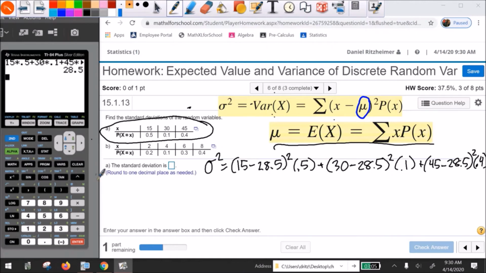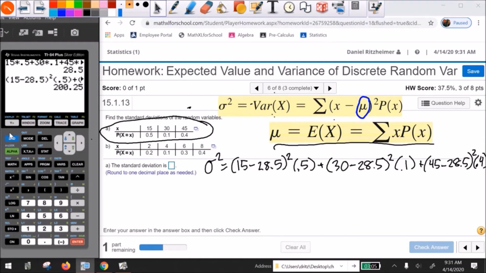So I'm going to go ahead and type this into the calculator. 15 minus 28.5 squared times the probability plus 30 minus 28.5 squared times the probability plus 45 minus 28.5 squared times the probability, and this gives us 200.25.